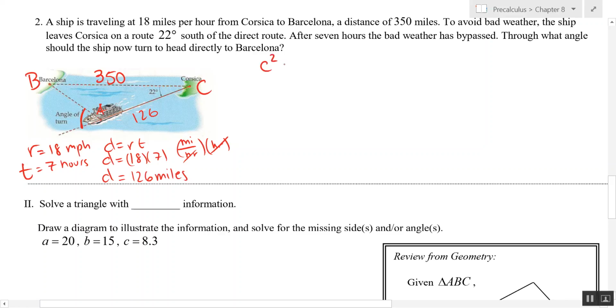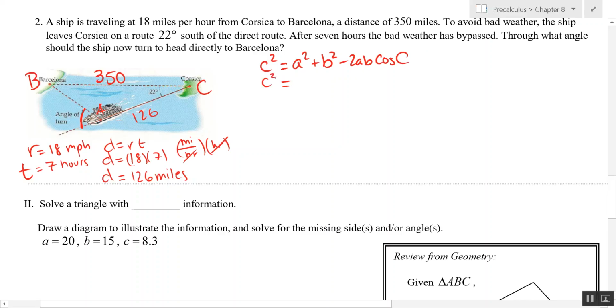So we're going to use the C squared is equal to A squared plus B squared minus 2AB cosine of angle C. We're going to substitute everything we know in, and we should be able to find our third side.